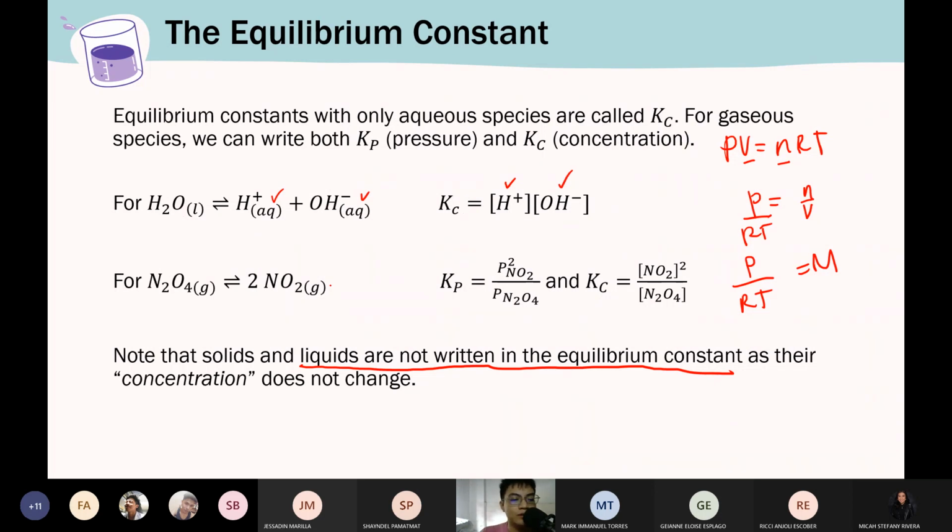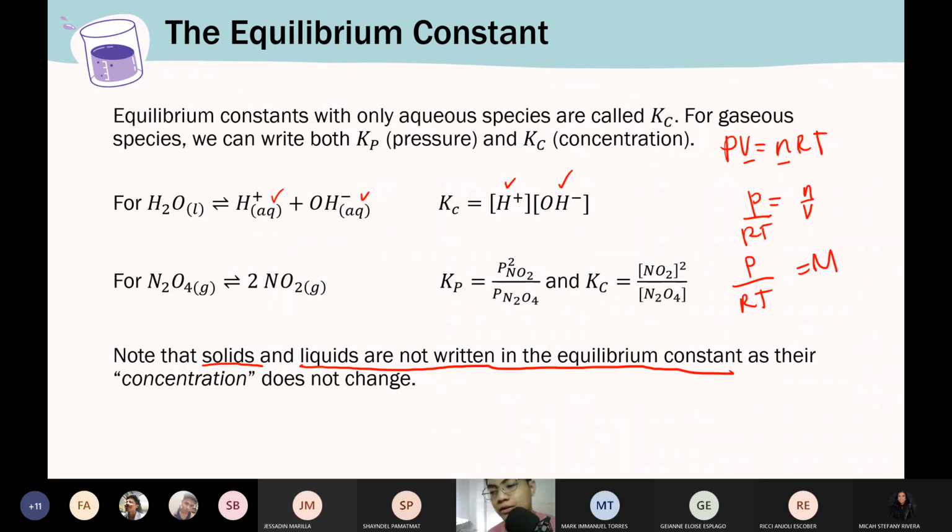Paano naman yung solid? So, the concentration of solids is actually its density. Okay? Density and concentration ng solids. And you know that for solids, fixed talaga yung density niya. Regardless of the identity of the substance, fixed yung kanyang density.